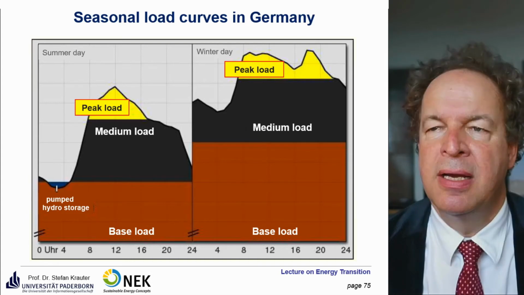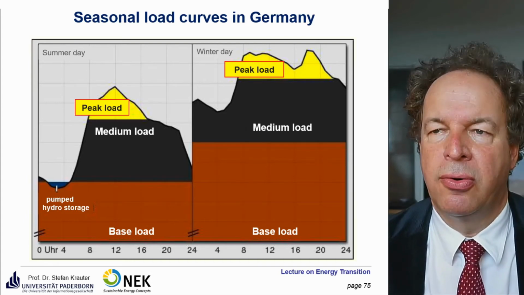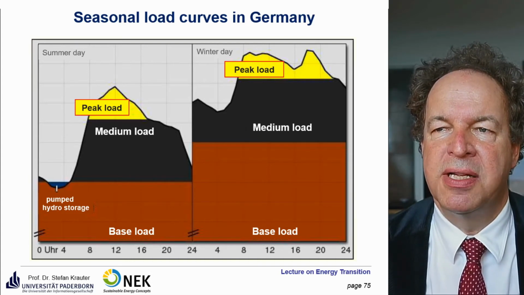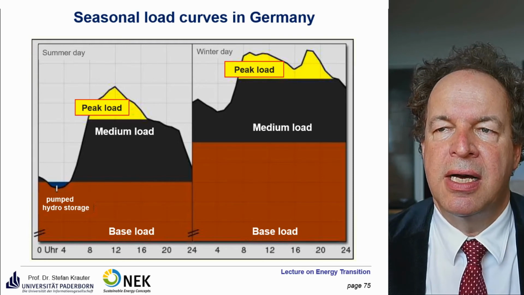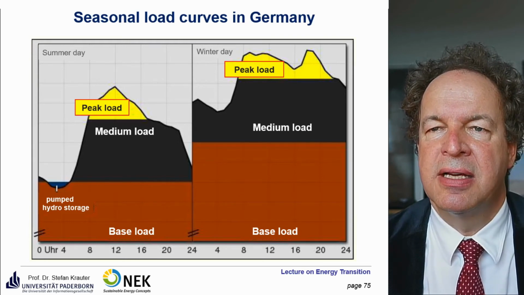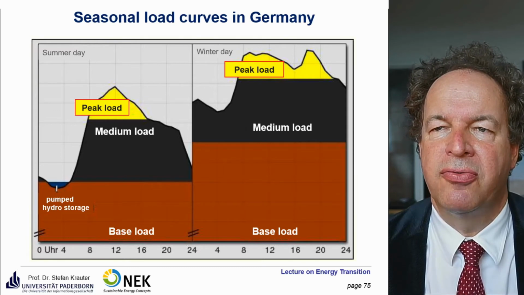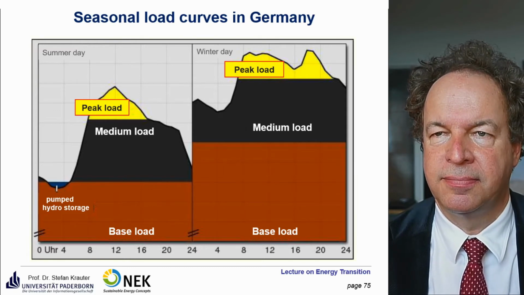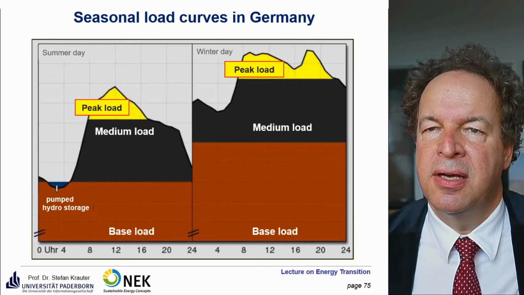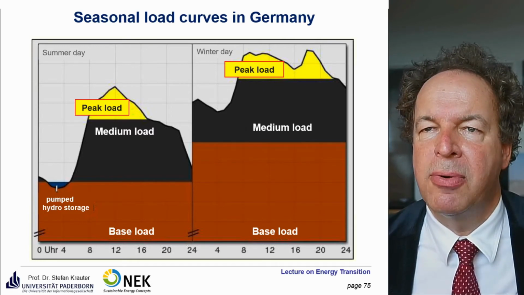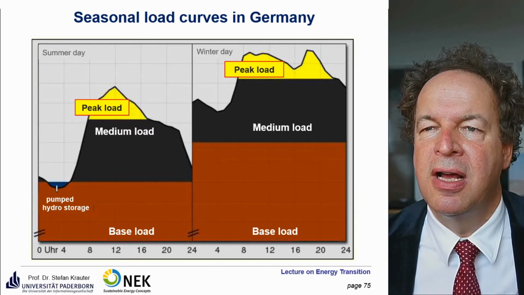They can be throttled down or sped up within a couple of minutes. As I mentioned already, the hydropower plants can do it within 1 minute, and the gas power plants need about 5 to 8 minutes. On the left part, we see a typical summer day. On the right part, it's a typical winter day.